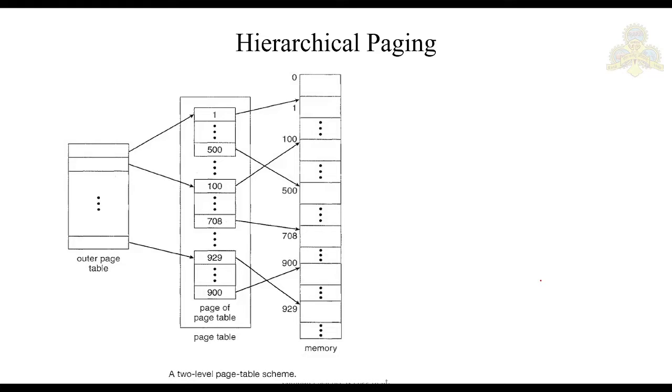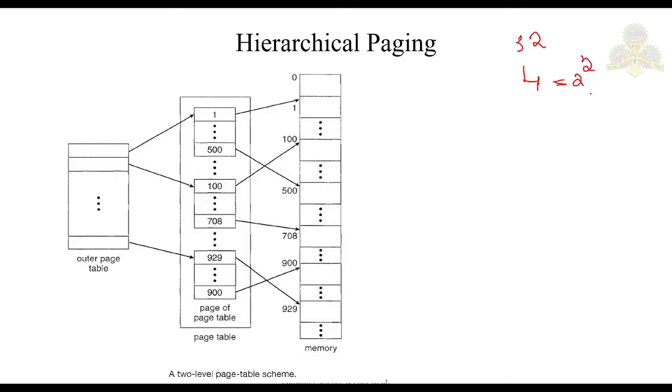Say you have a system that has 32-bit logical address space. Let me write here. We have a system with 32-bit logical address space, and say your page size is 4 KB. Now this 4 KB, how can we write 4? 2 raised to 2, right?